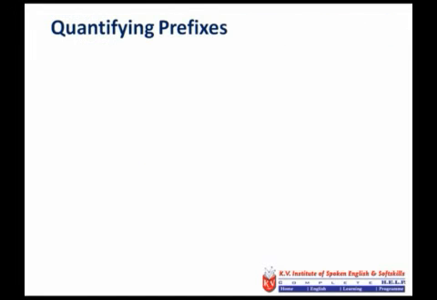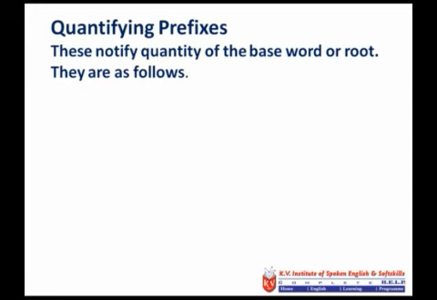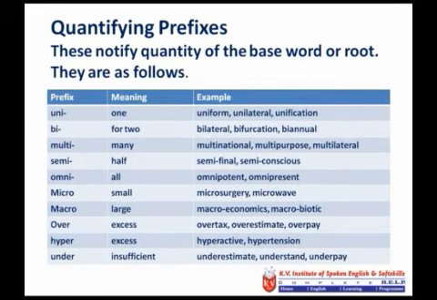Let's see quantifying prefixes. These prefixes notify the quantity of the base word or root. Let's see some examples. I'd be stating only a couple of examples for each prefix. Uni. Uni means one. The following are some of the words which can be formed with uni: uniform, unilateral, unification. Bi. The word bi means two.